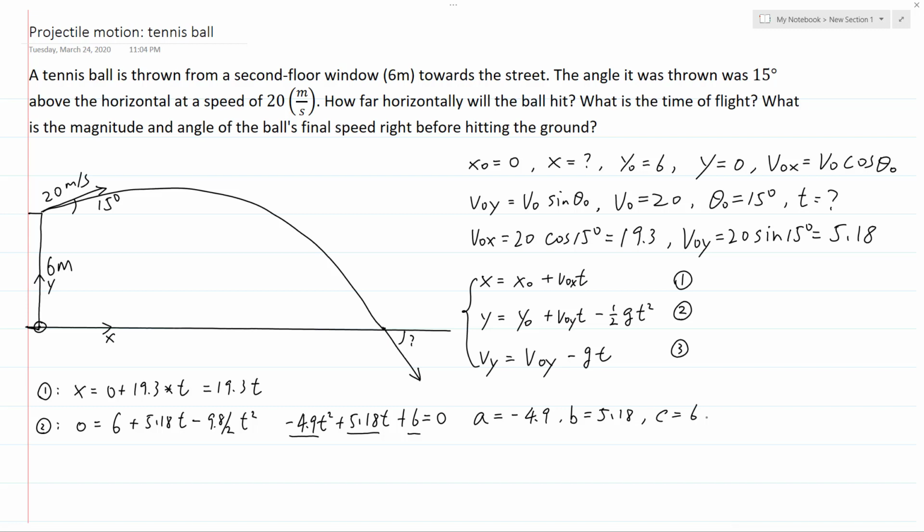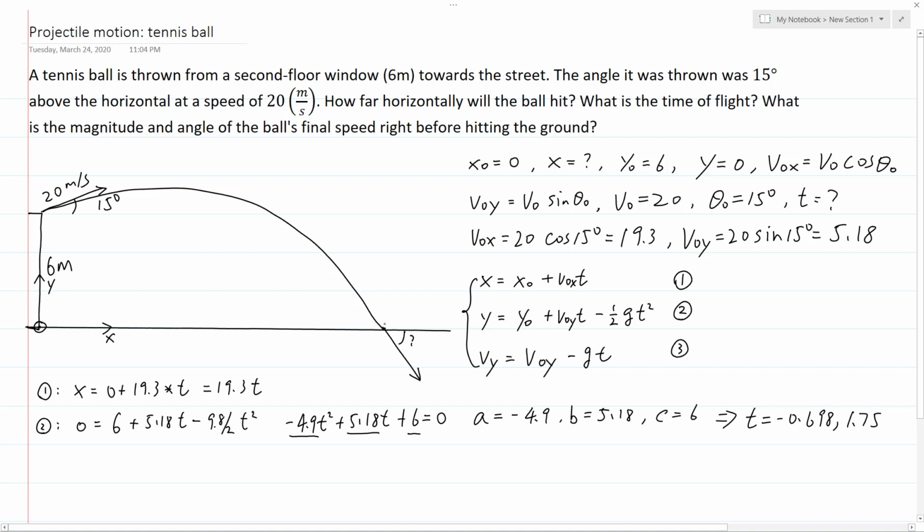If you carry out the calculations, you find out t has 2 roots because it's quadratic, and one of them is minus 0.698, and the other is positive 1.75, both in seconds.